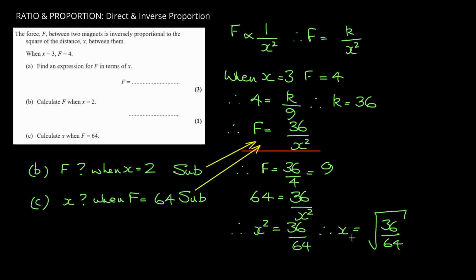We can disregard the negative version of x because x is a positive distance, and this is equal to the square root of 36, which is 6, over 8, which, again, if we cancel the 2 out of it, is 3/4. And those are the answers.